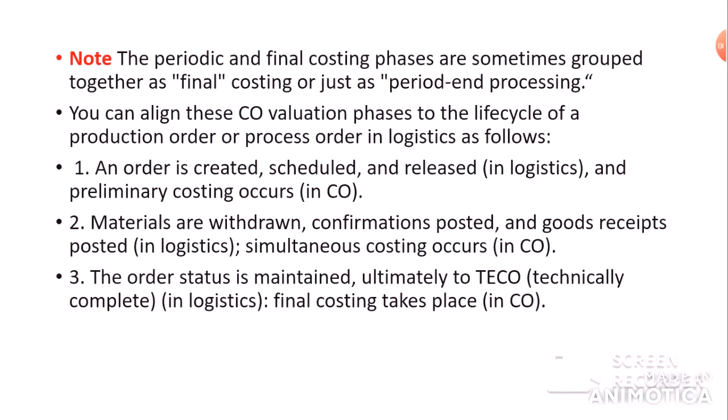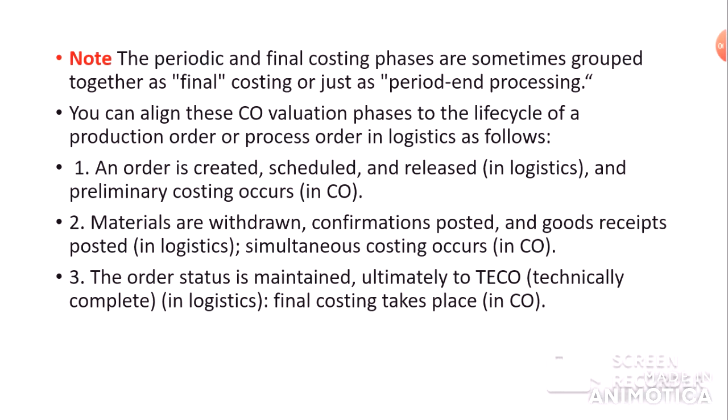We have a small note here. The periodic and final costing phases are sometimes grouped together as final costing or just as period end processing. You can align these CO valuation phases to the life cycle of a production order or process order in logistics as follows.